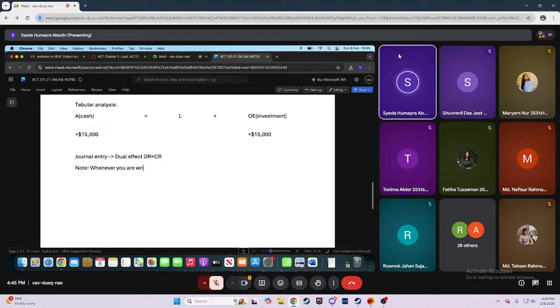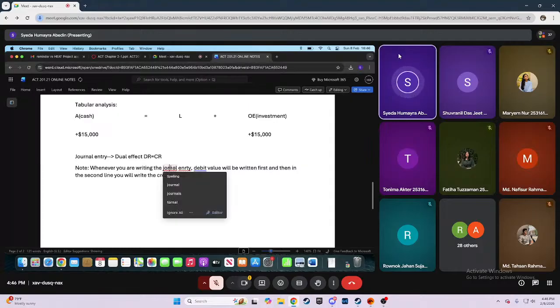Whenever you are writing a journal entry, the debit value will be written first, and then in the second line you will write the credit value. This is the format of writing the journal entry.